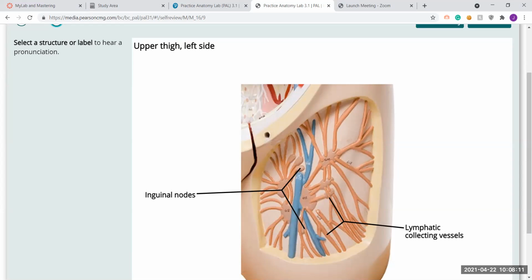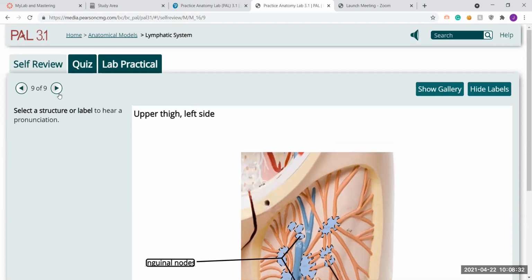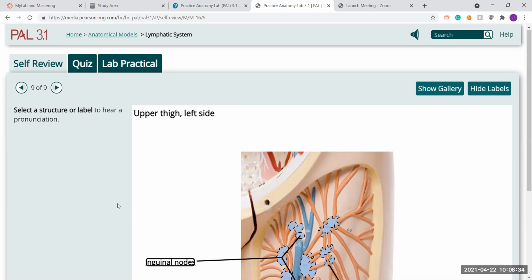In the upper thigh region also, you have inguinal lymph nodes. Lymphatic collecting vessels are bringing the lymph to the inguinal nodes, and then the draining vessels, efferent vessels from these inguinal lymph nodes carry lymph fluid to the upper part of the body.